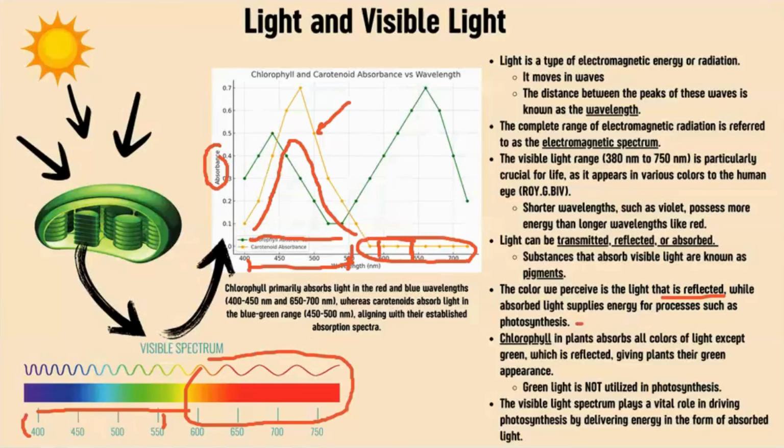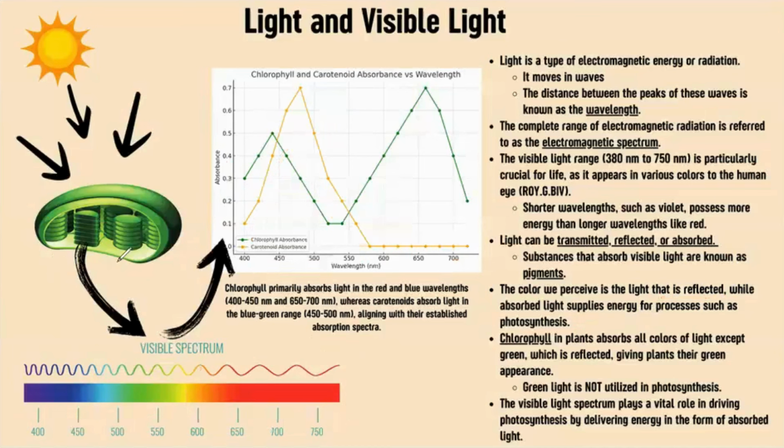So let's take a look at the green color. The green color, if you could see here, is between a little bit less than 500, like 460, all the way to around, give or take, 560.